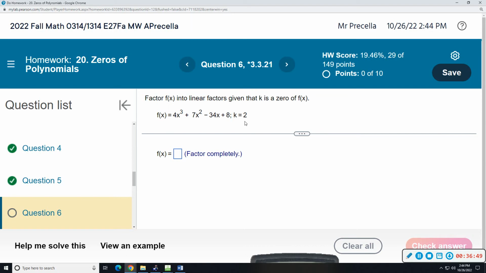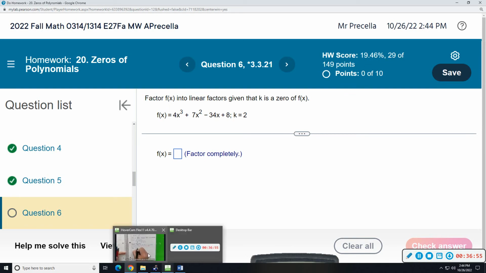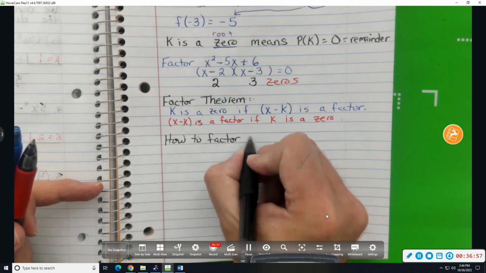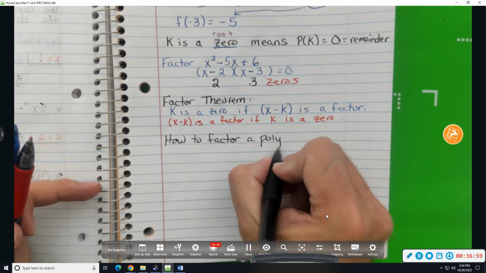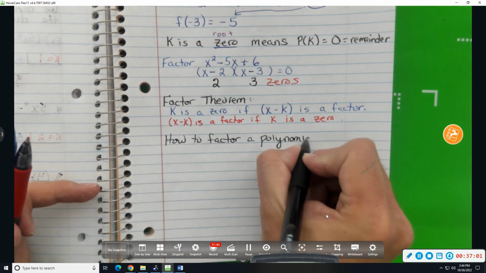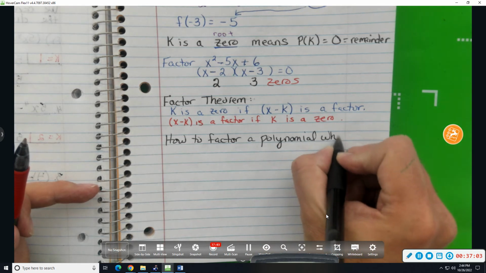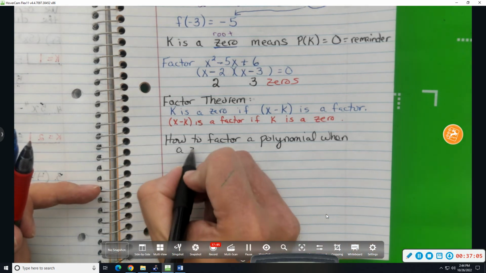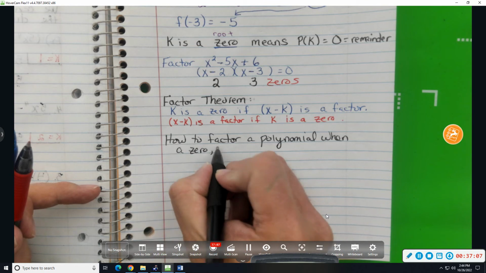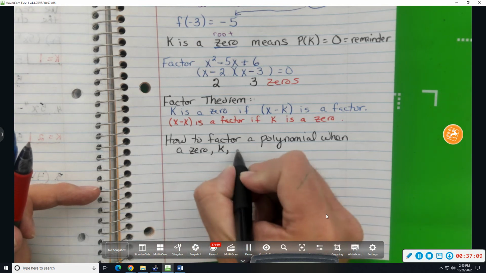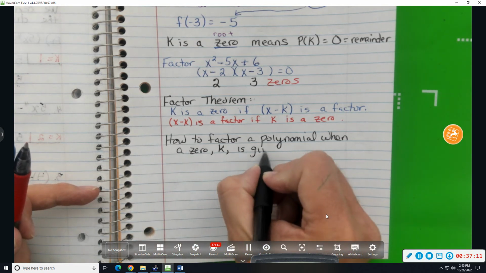But let me go ahead and sketch out how we're going to factor. How to factor a polynomial when a zero, which we call k, is given.